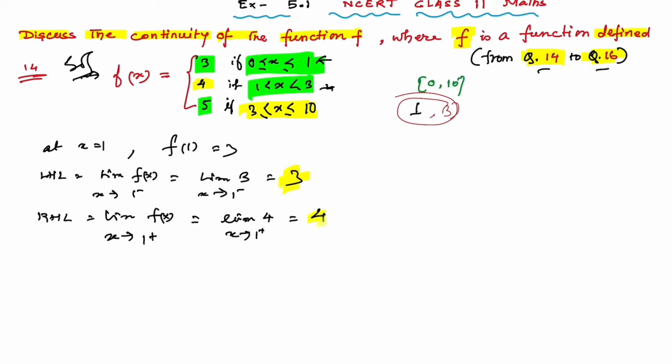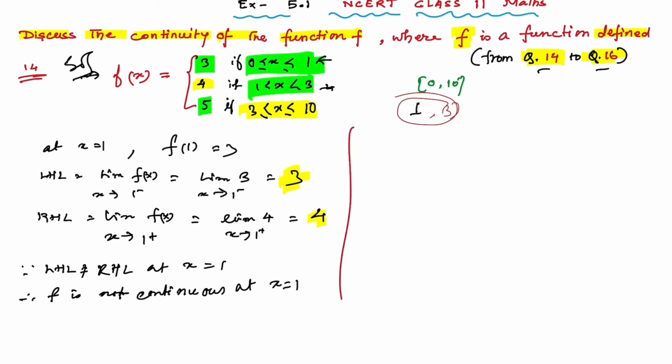As you can see, the left hand limit and right hand limit are not equal. Therefore, you can write: since the left hand limit is not equal to the right hand limit at x is equal to 1, f is not continuous at x is equal to 1.